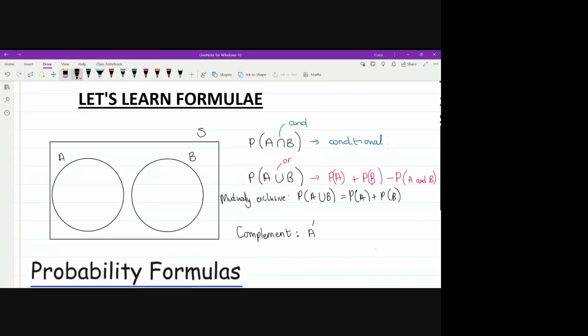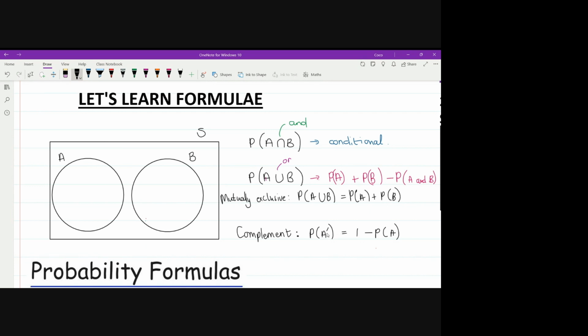So if we want the probability of a complement, not A, we need to take the probability of everything and minus the probability of A. Because remember, the probability of everything that we're doing in a specific event needs to equal 1. So the complement would be 1 minus the probability of A, because that would be not A, right?